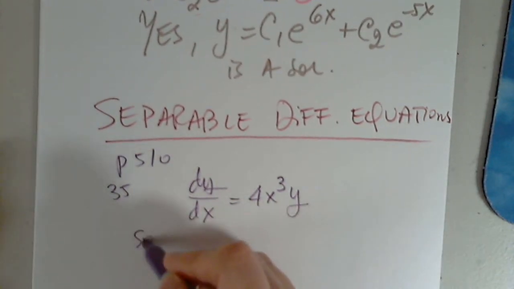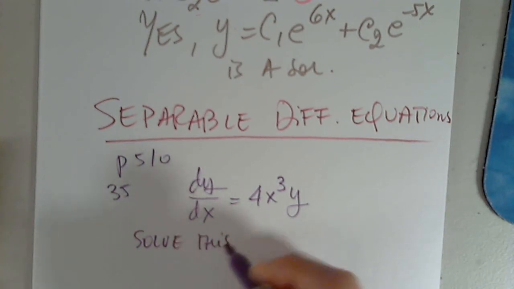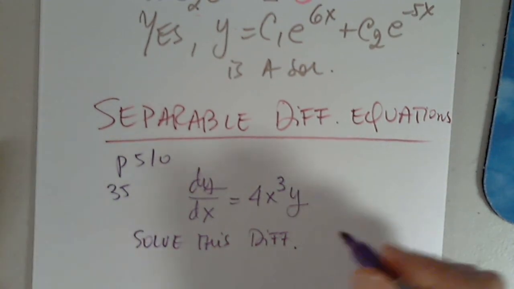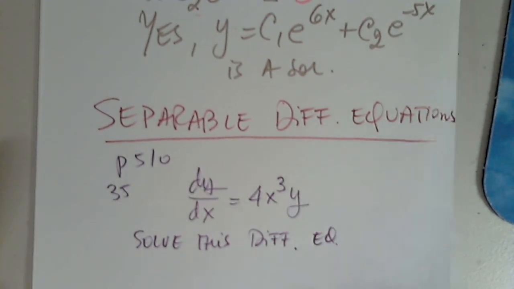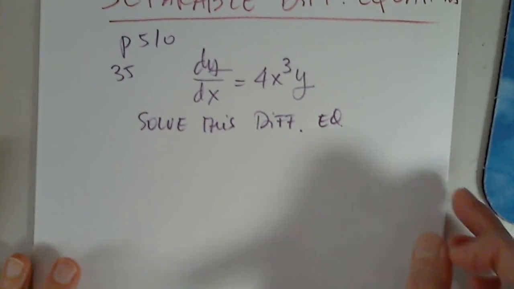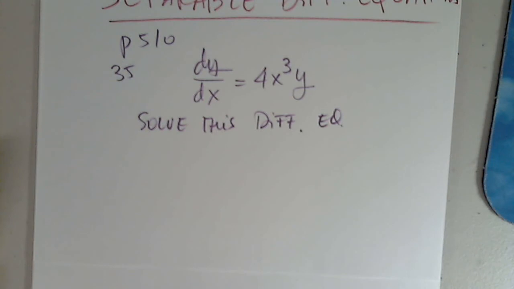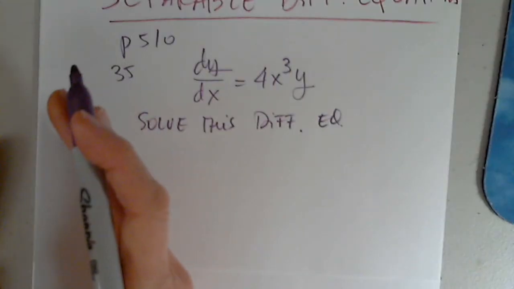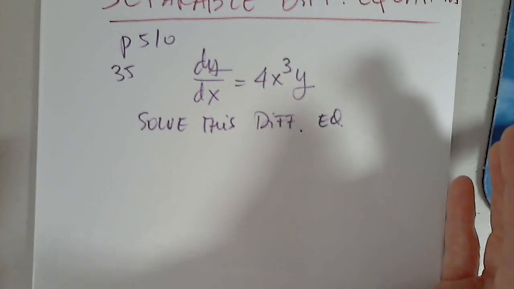We're asked to solve this differential equation. So the idea of separating the differential equations is to have basically one variable on one side and one variable on the other.